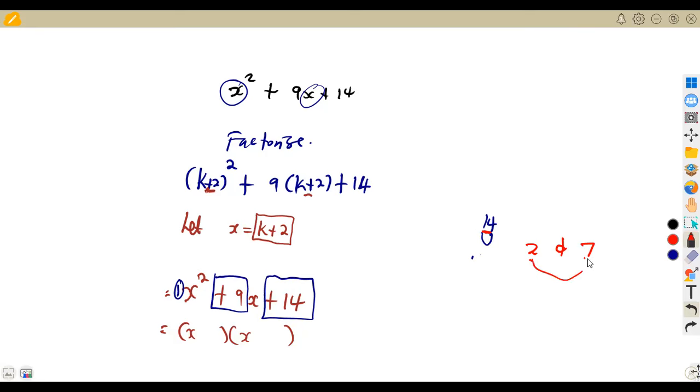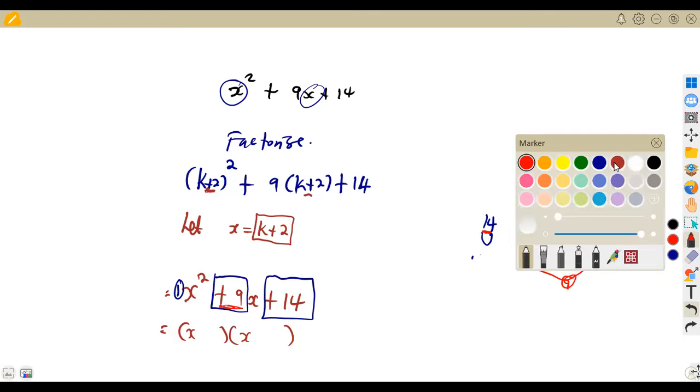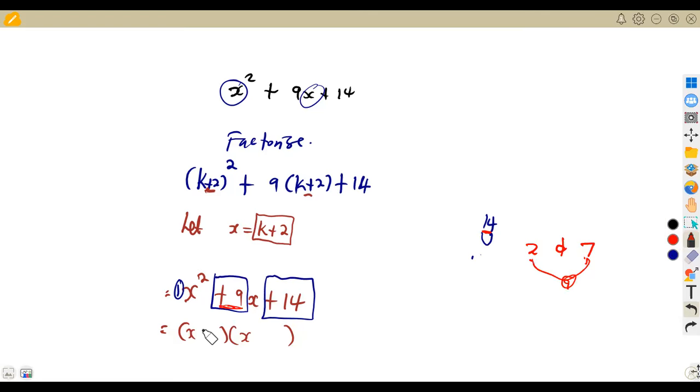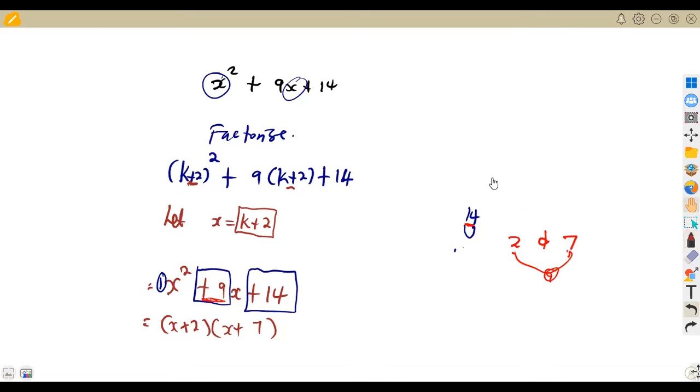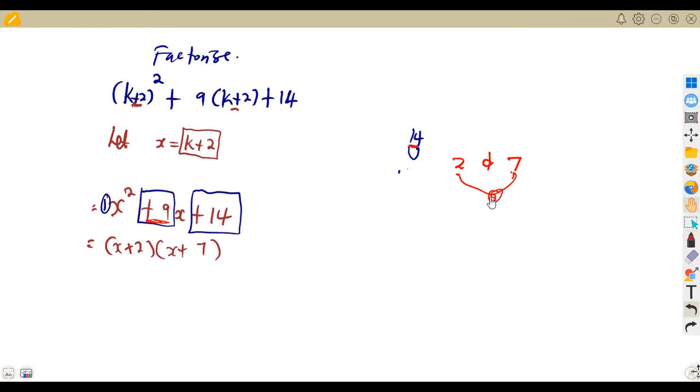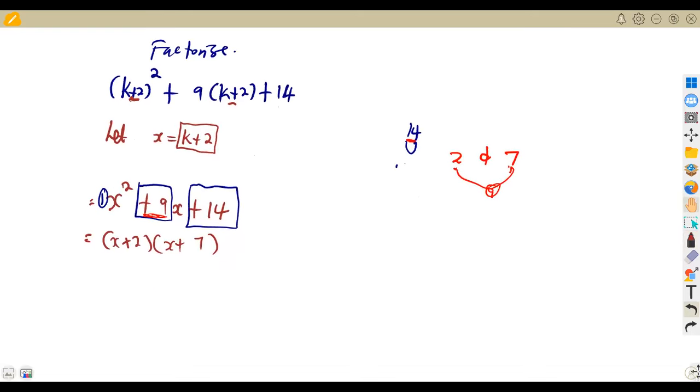We add 2 and 7, we get 9. So we make it x plus 2 in this case, times x plus 7.